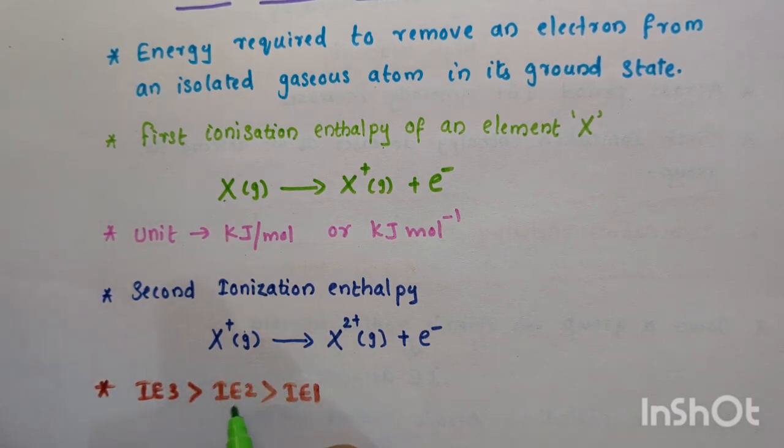The second ionization enthalpy is always higher than the first, because it is the energy required to remove an electron from the X plus ion, in which we have more positive charges than negative charges. So it is more difficult to remove an electron from a positively charged ion than from a neutral atom. Similarly, the third ionization enthalpy is greater than the second.